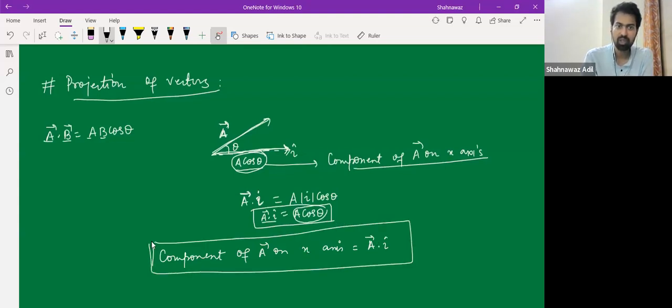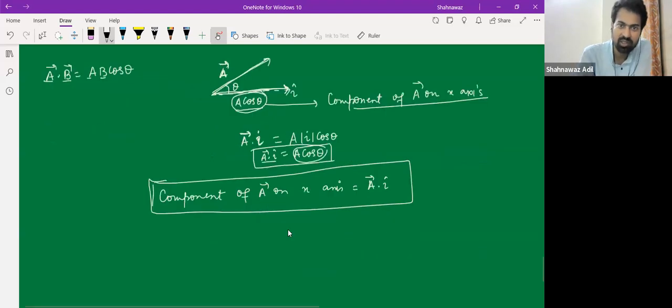So this was in the rectangular, Cartesian coordinates.